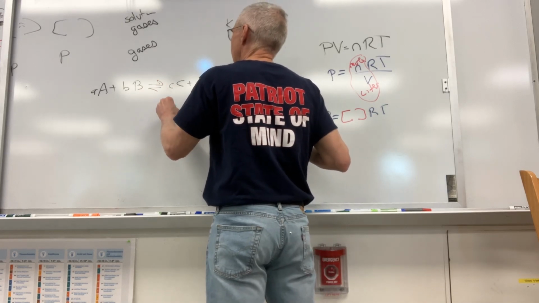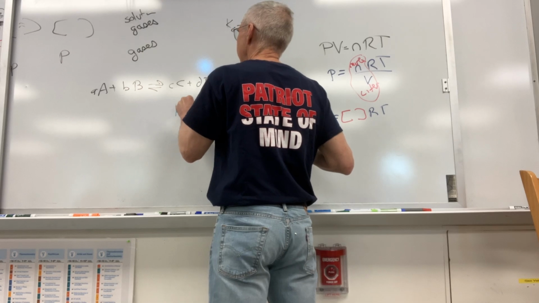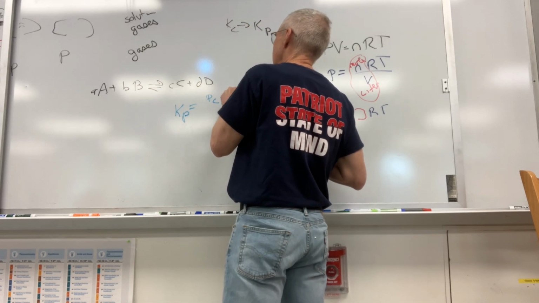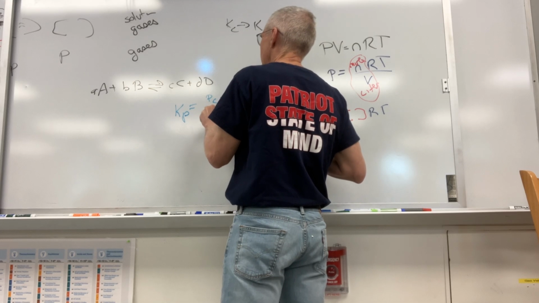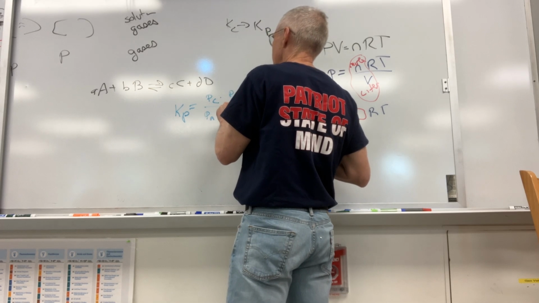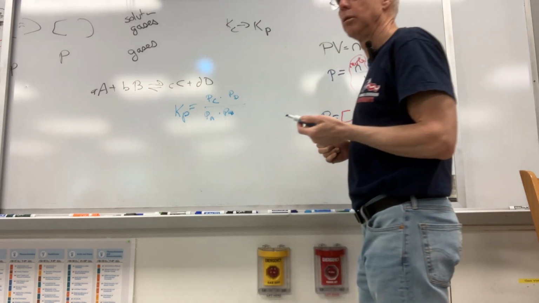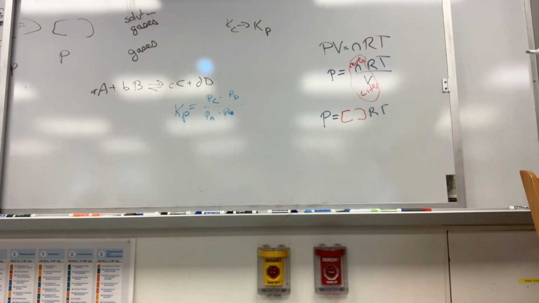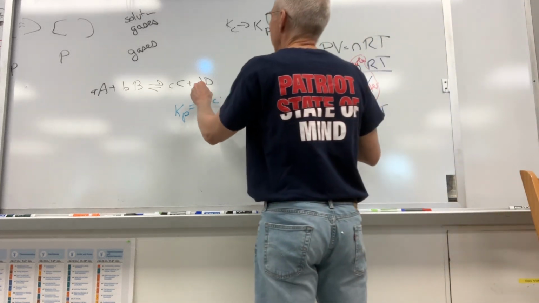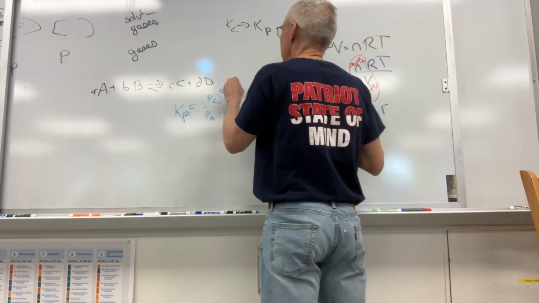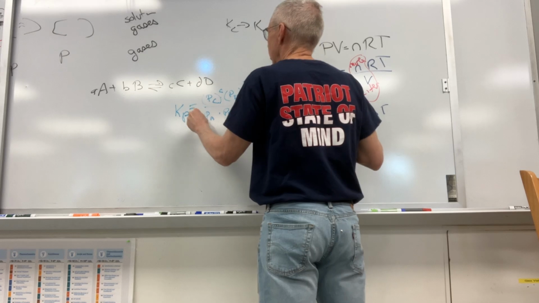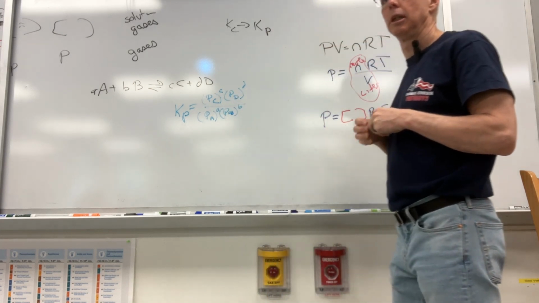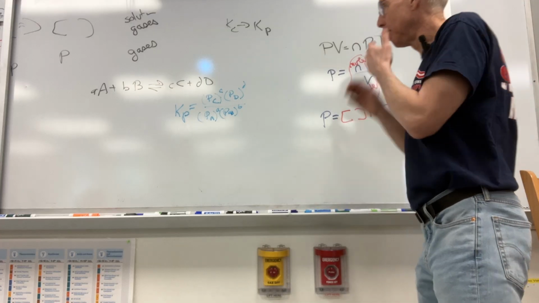So if we write the Kp for this, it would be the pressure of C times the pressure of D over the pressure of A times the pressure of B, right? True? Nothing more than that. All right? Now, they would be to the powers of c, d, a, and b. True? All right. Everybody good so far?